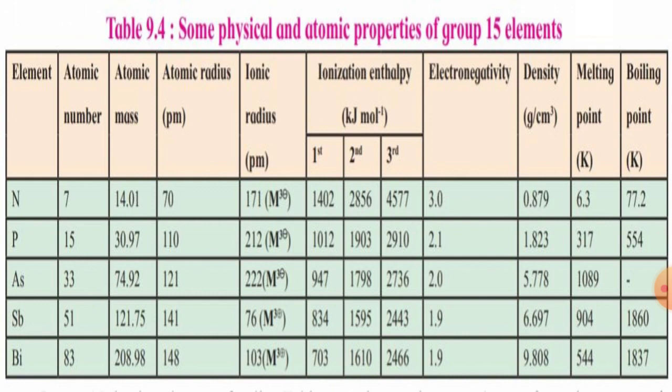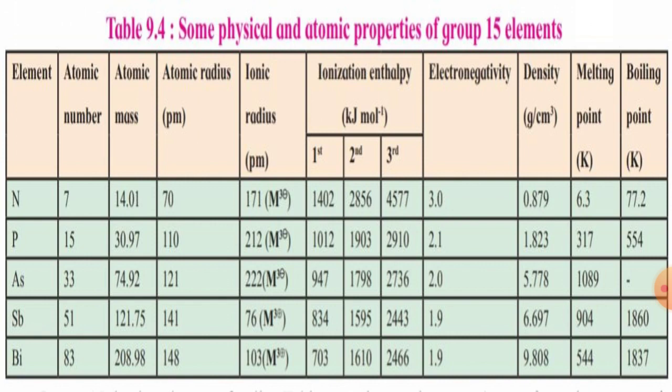As the atomic number increases, the number of electrons increases. As the number of electrons increases, the number of shells increases, and the distance from the nucleus to the outermost shell of an atom increases, so atomic radius increases down the group.